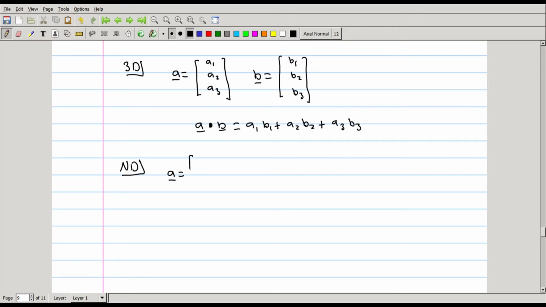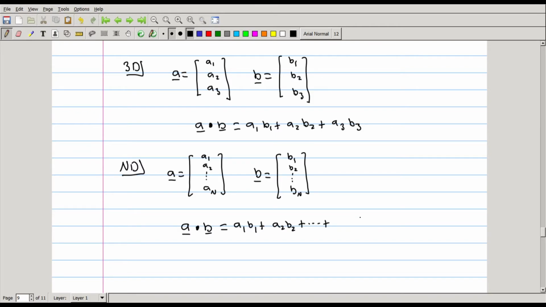If, for example, your vector A is A1, A2, all the way to AN, your vector B is B1, B2, all the way to Bn, then A dot B is again just going to be the component-wise multiplication of all of the components added together, all the way up to AN, Bn.